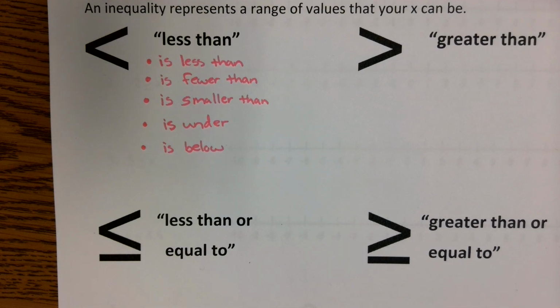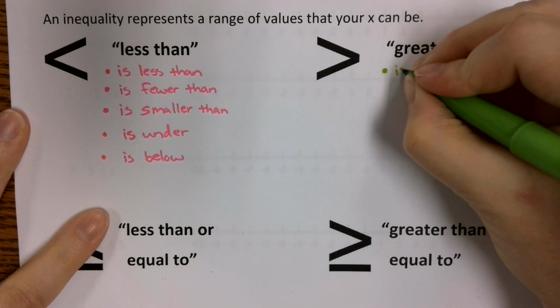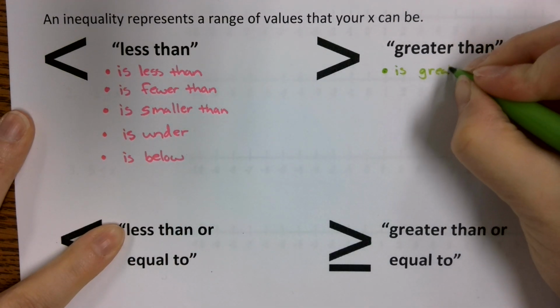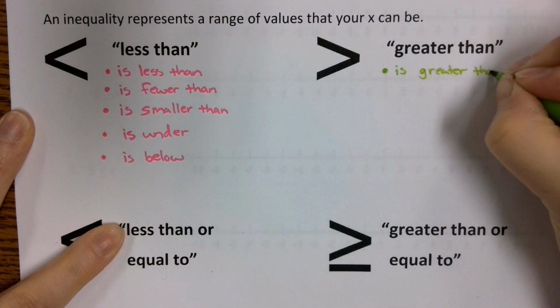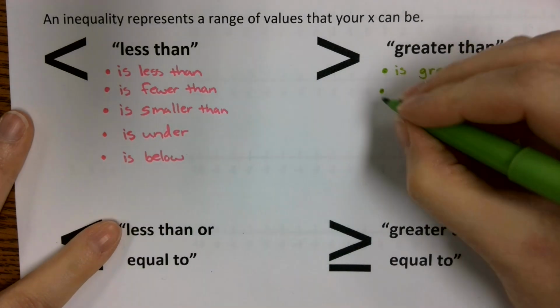Then we've got our greater than inequality symbol, which is basically the opposite of what we have seen here, with the exception of one additional thing. So obviously the opposite of is less than is greater than. The opposite of is fewer than would be is more than.